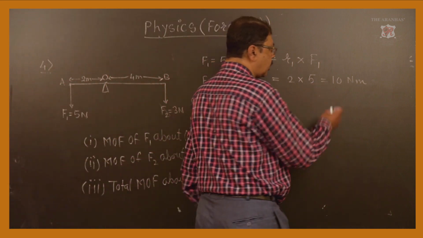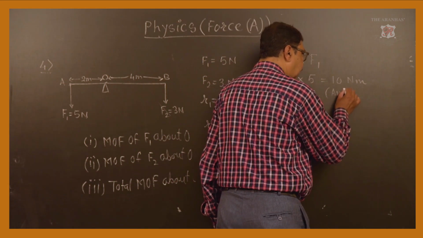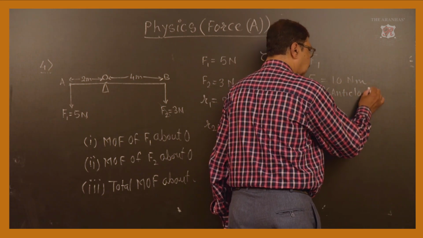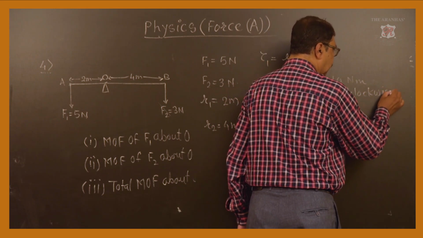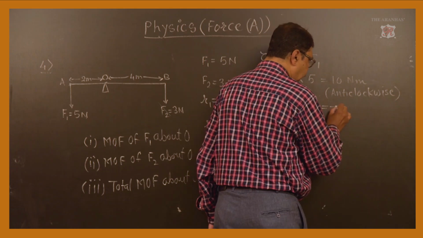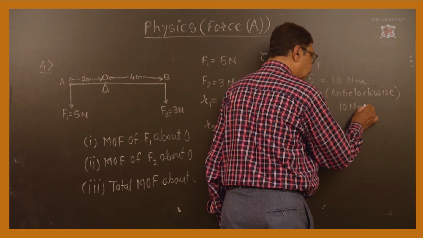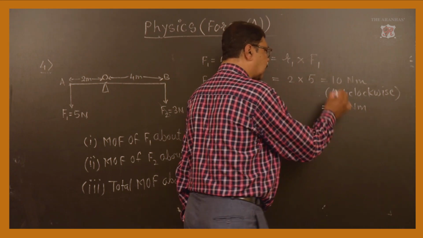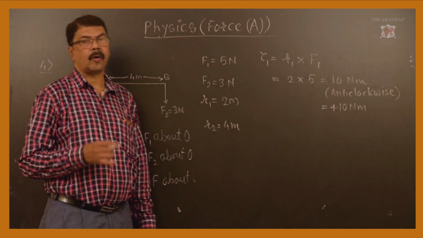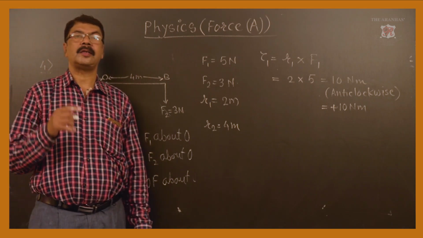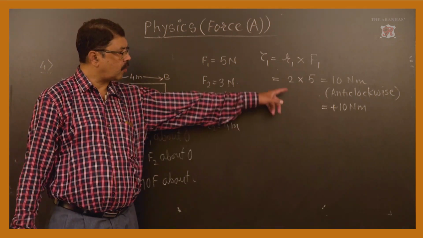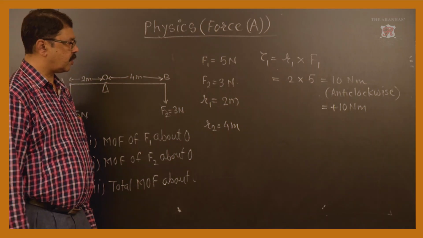So, mention here anti-clockwise, or you can write it as plus 10 Newton meter, because whatever moments are taken in anti-clockwise direction, we consider as positive. Therefore, this has to be positive.